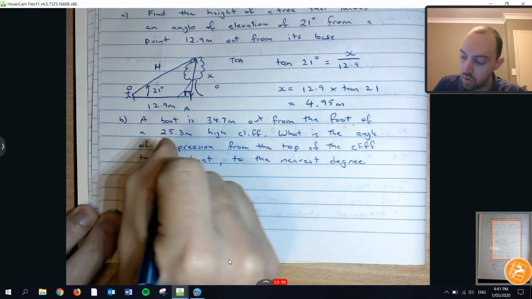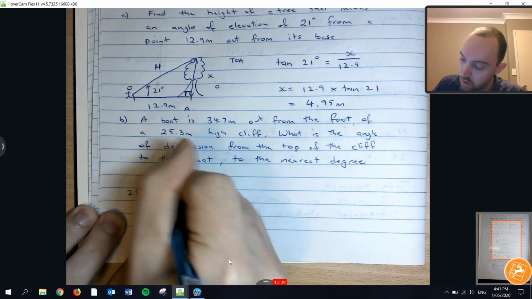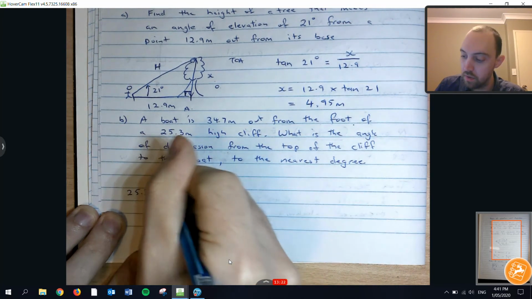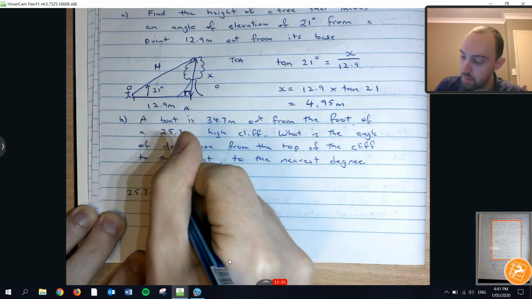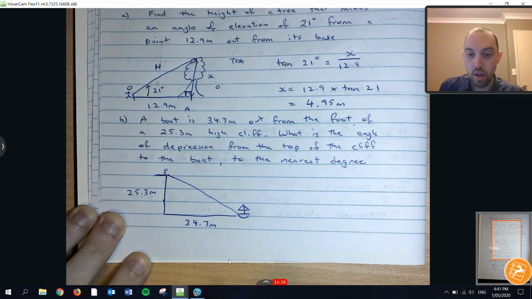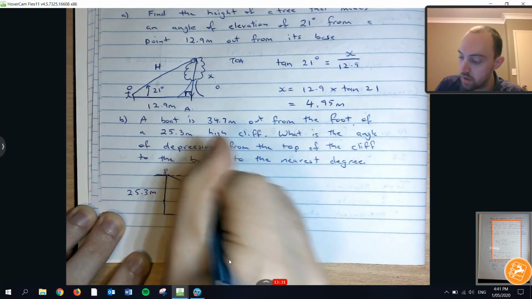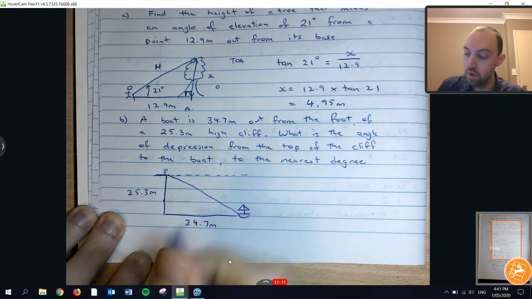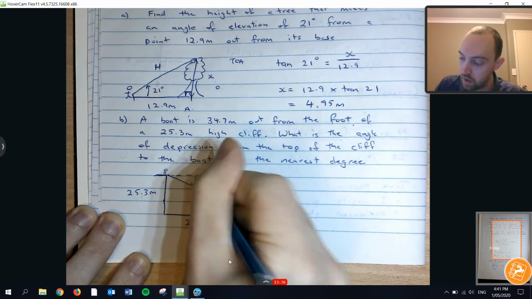Okay, so from the top of the cliff, there was somebody there, they're looking down at the boat, and our angle of depression is always measured from the horizontal down. We're trying to find this angle.